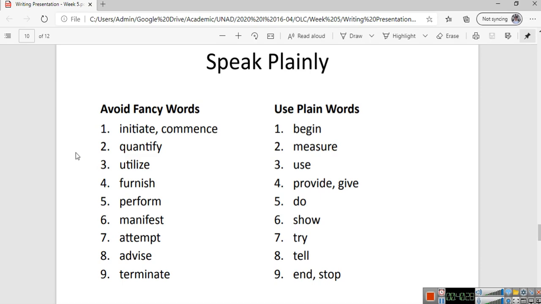Very well. Let's imagine that you're trying to explain the theory of relativity. You could either use fancy words, and your theory is going to sound very fancy, or you can use plain words. Well, what will happen if you explain the theory of relativity using plain words? Do you think it's going to be more understandable or harder to understand?